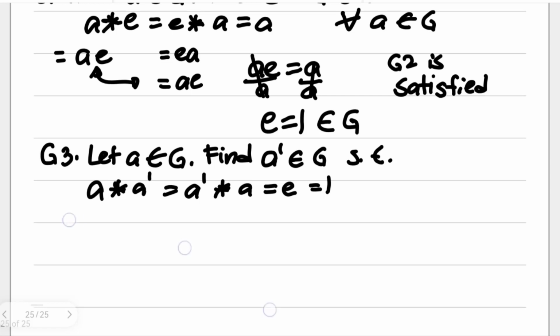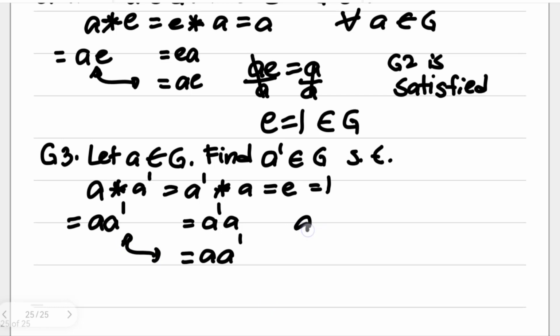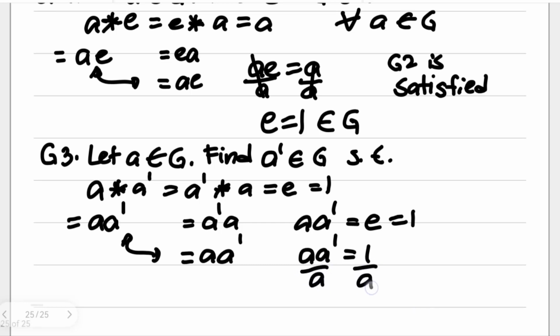Of course, using usual multiplication, that's A and A inverse. This other form is A inverse A, or by commutative property, A and A inverse. Again, they are just the same. So A times A inverse is equal to E, which is 1. And we can solve for A inverse by dividing by A on both sides. We will have A inverse equal to 1 over A.